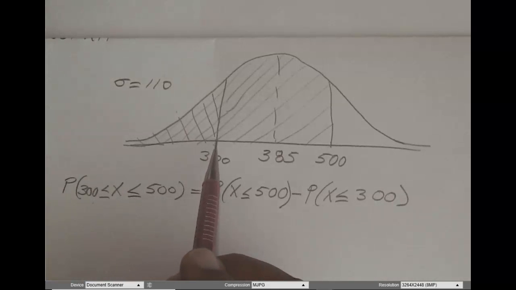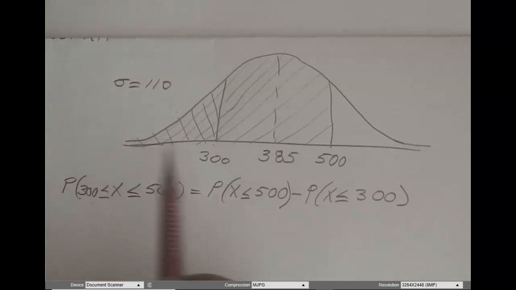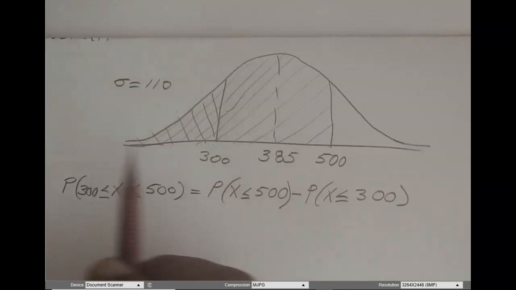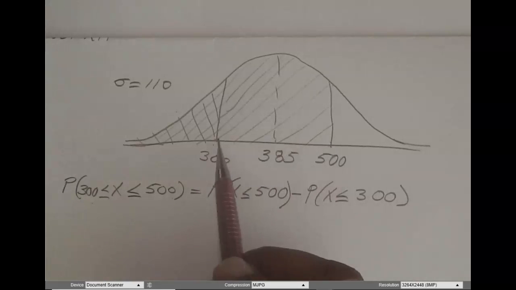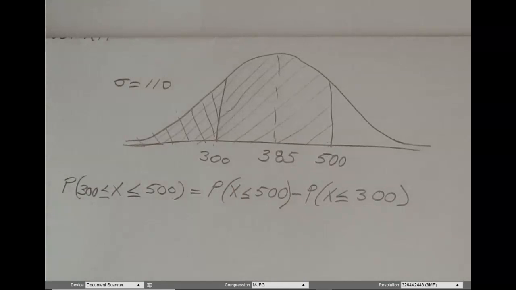So we take the area from 300 to negative infinity, subtract it from the area from 500 to negative infinity, and what we have left is the area under the curve within that interval.